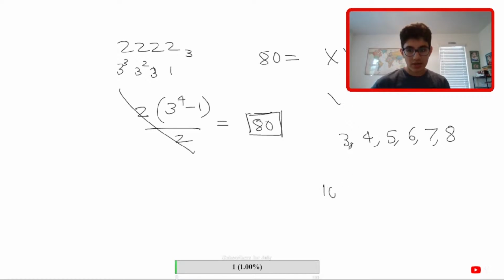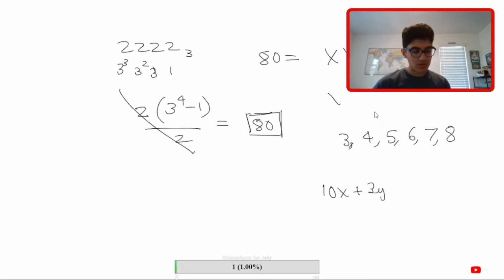Right, this will be 10x plus 3y. Does this work for any integers less than 2? No, right? Oh, wait, 1 second. I don't think 3 even works.